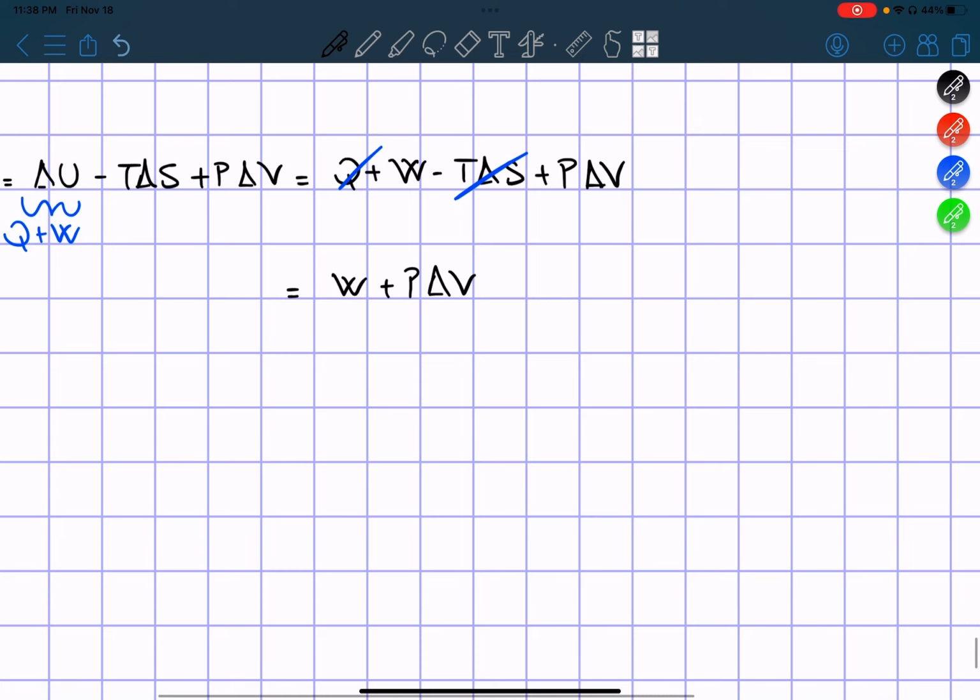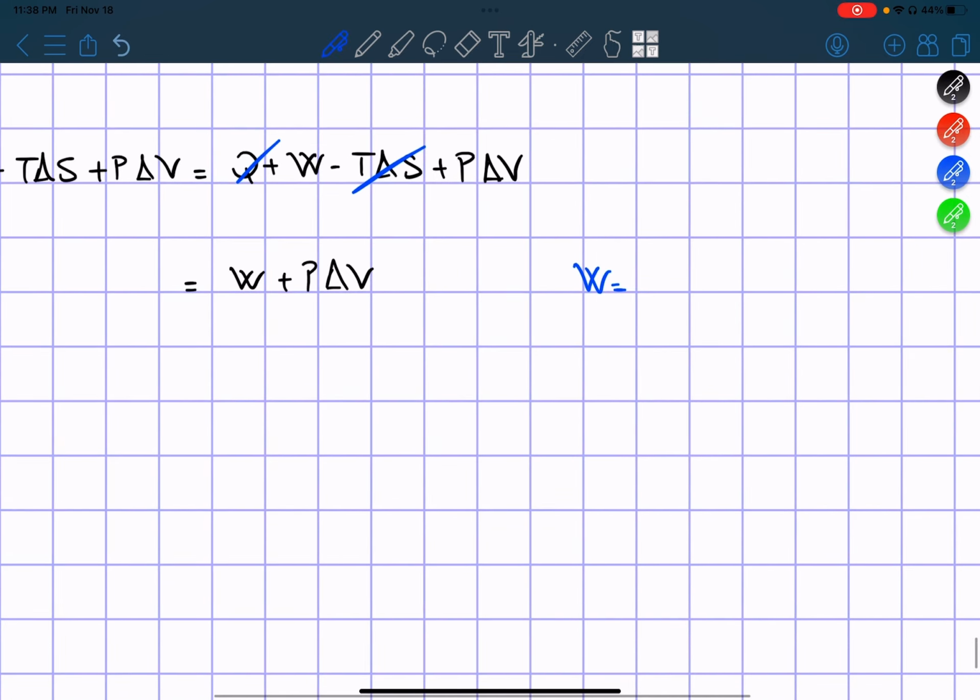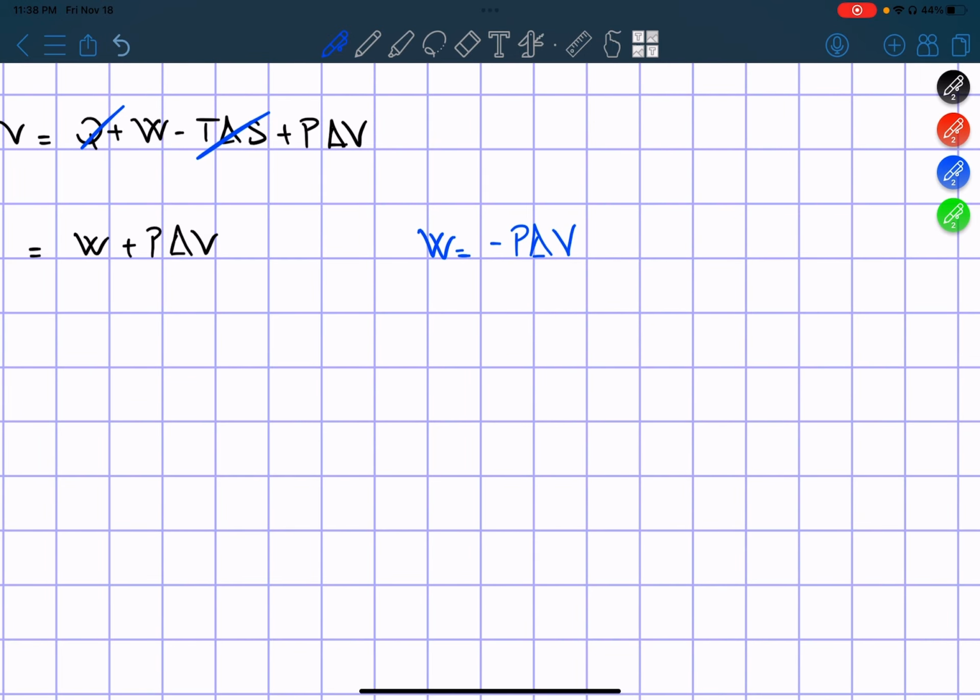However, our work is equal to negative P delta V, because if you remember, if we have an increase in volume, then we have a negative work. You can think about it: you have to do some work to decrease the volume of a bottle full of air.